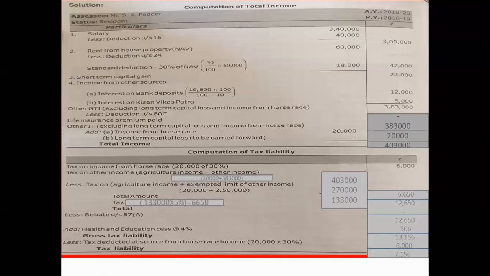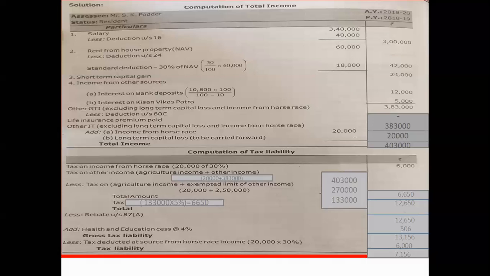So we can claim the exemption of 20,000, plus, since he is an individual and his age is less than 60 years, up to 2,50,000 he can claim the exemption. So agriculture income exemption amount plus 2,50,000 basic exemption, the total is 2,70,000. So 4,03,000 is the other income; from that, the exempted amount is 2,70,000. Now the balance is 1,33,000.